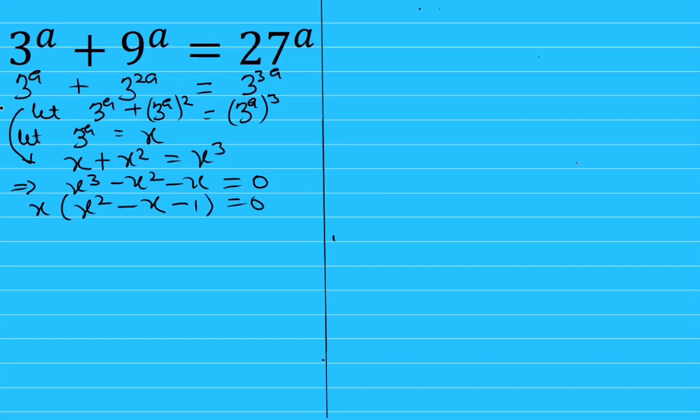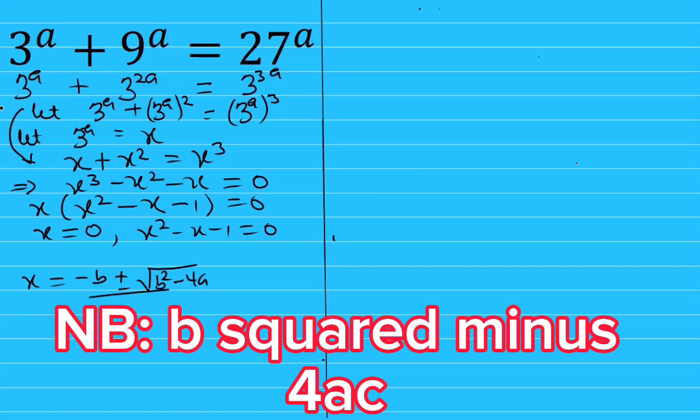So when you compare, we can see that already we have one of the roots equal to 0, and then the quadratic part, which is x squared minus x minus 1 equals 0. Let's see if we can solve the quadratic part. When we look at the coefficients carefully, we cannot have any clear-cut root, so we use the quadratic formula: x equals negative b plus or minus the root of b squared minus 4ac, all over 2a.